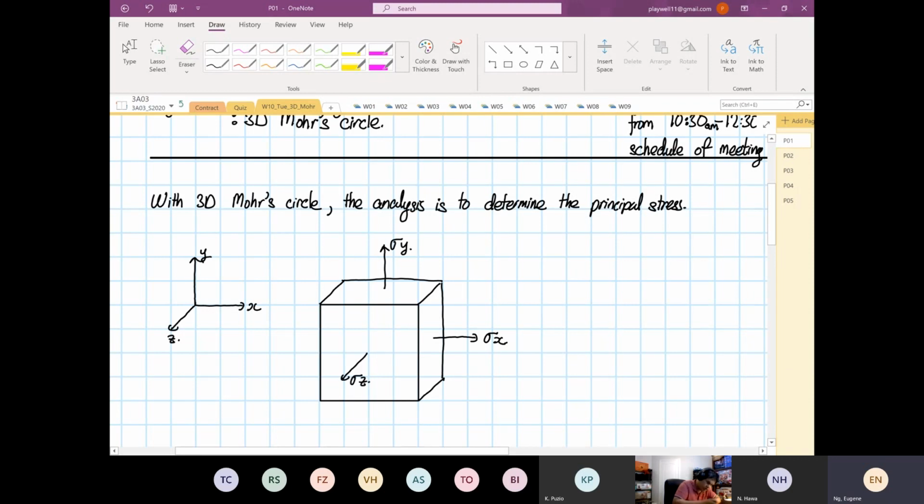This is our shear on the plane crossing the x-axis, with the force in the y direction. So we know that this is shear yz. Then we have another one over here.